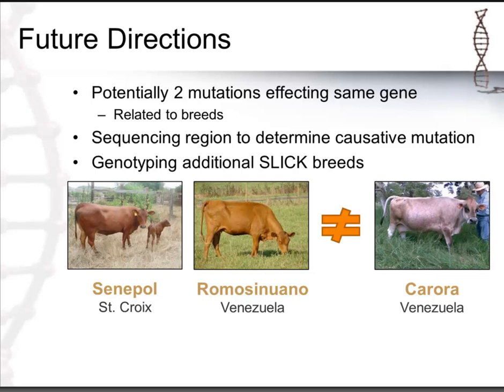The Carora, on the other hand, improve our association results, but their haplotype analysis generally doesn't agree with the Senepol and Romosinuano. So my working theory right now is that we potentially have two mutations affecting the same gene, and it's related to breeds. There might be a different mutation for the Carora as opposed to the Senepol and Romosinuano. With this being said, we're sequencing through the region, and we're genotyping additional slick breeds to try to solve those issues.